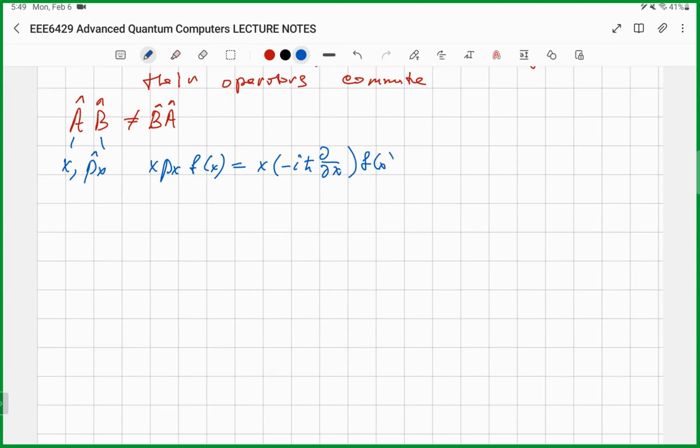Then it acts on the function f of x, and what I'll get is minus i h bar x df(x)/dx.